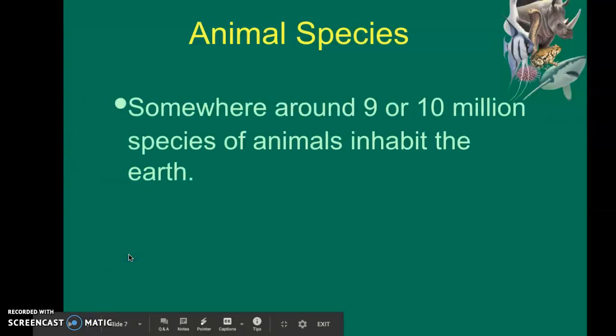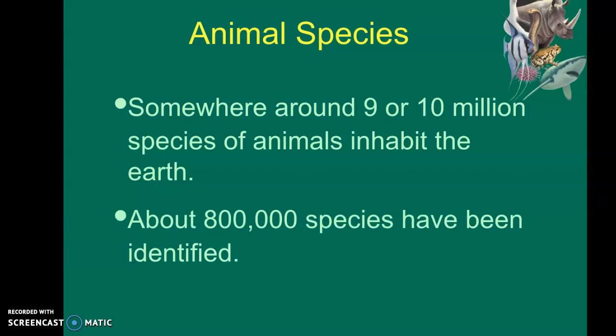If you look at animal species, there are somewhere between 9 and 10 million species of animals that inhabit the earth. They go from the simplest organisms like sponges all the way up to the more complex mammals. They live in all ranges of habitats and environments. Only about 800,000 species have been identified, so there are a lot of areas where we've not necessarily found organisms.